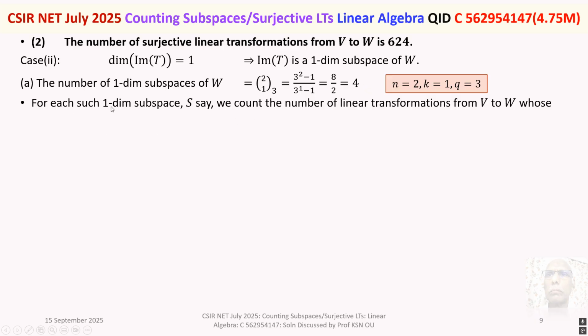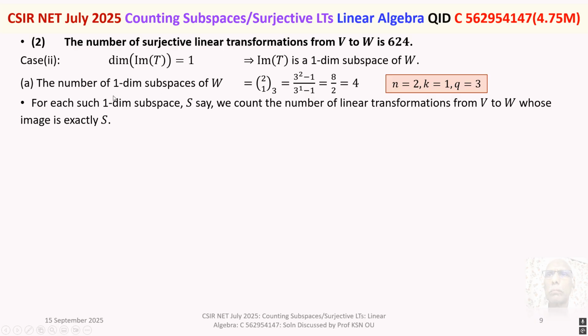For each such one-dimensional space, let us call it S. We count the number of linear transformations from V to W whose image is exactly S. The number of one-dimensional subspaces of W is 4; one of them you take.